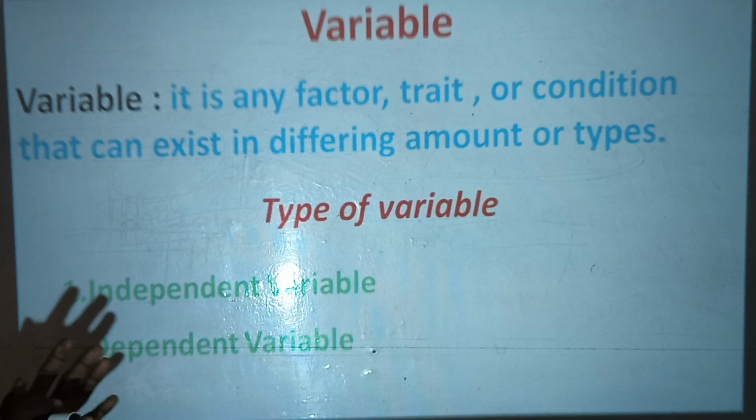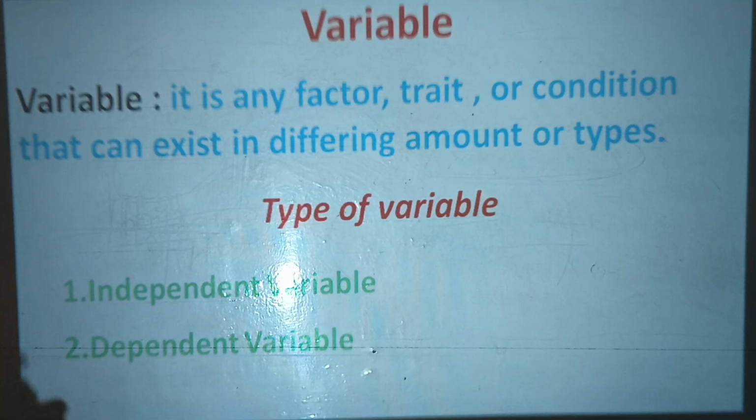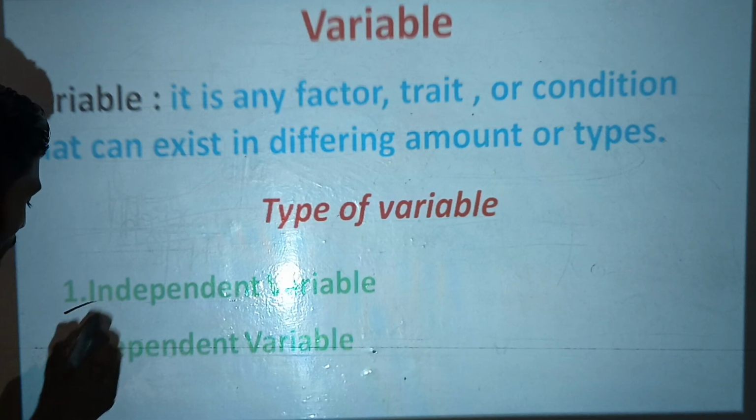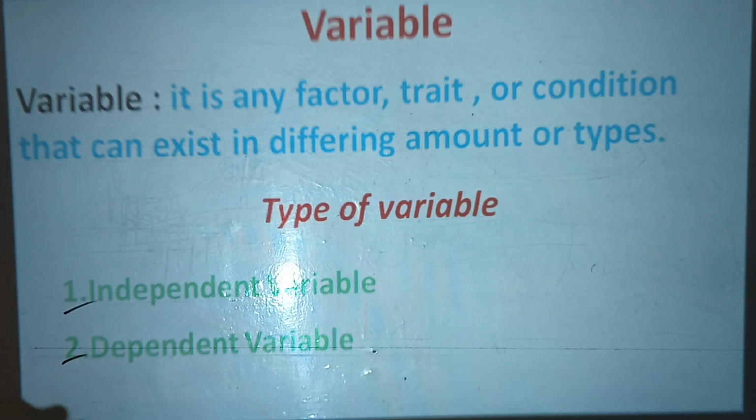First of all, guys, consider in your mind that variables, dependent and independent, only occur during the experiment. Let's understand by an example.